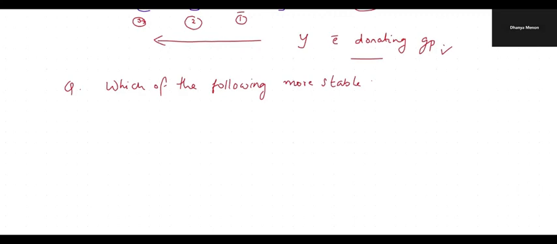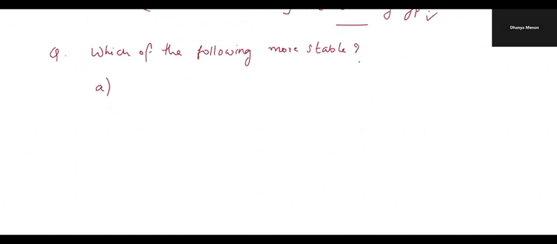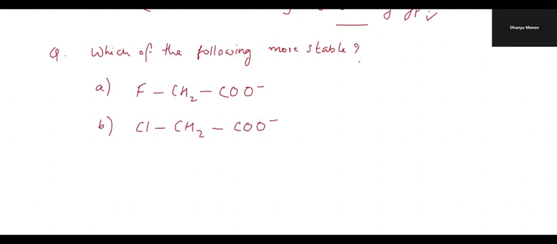Suppose there are options like this: A, fluorine, CH2, COO minus. B, Cl, CH2, COO minus. C, Br, CH2, COO minus. D, I, CH2, COO minus.